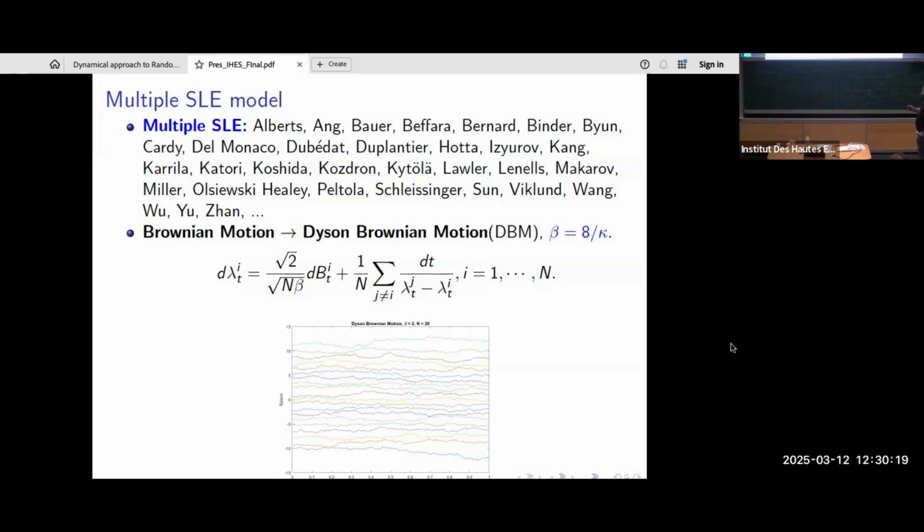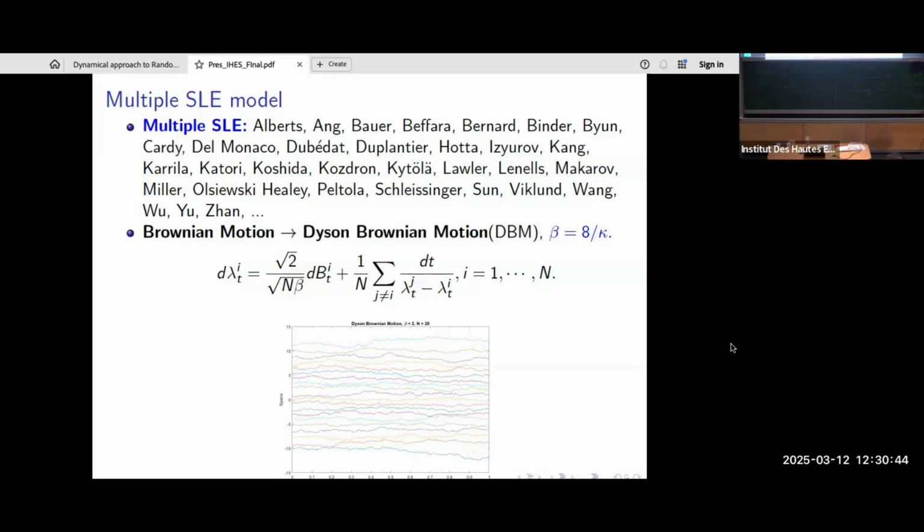I have independent Brownian motions scaled by some factor in beta. Beta is linked with kappa by a simple algebraic relation: beta is 8 over kappa. Basically I have n independent Brownian motions, and this interacting picture, this Coulomb-type repulsion between the particles, scaled by a factor of 1 over n in this type of scaling.